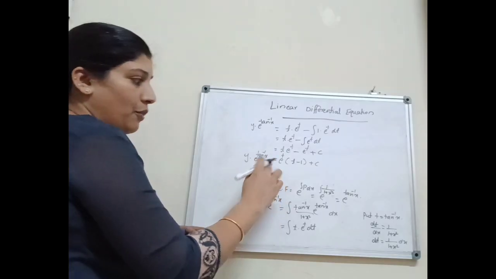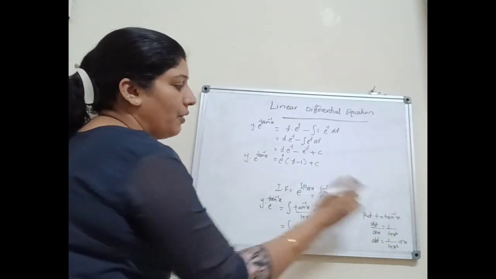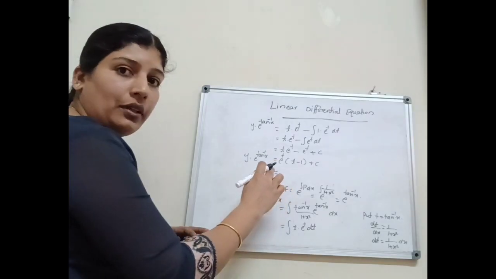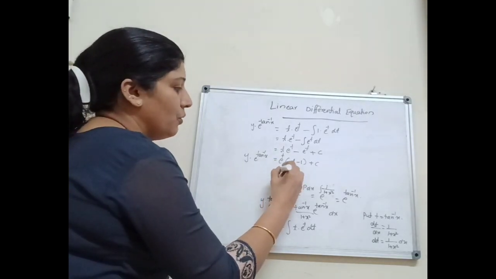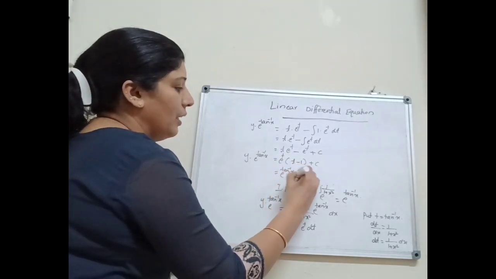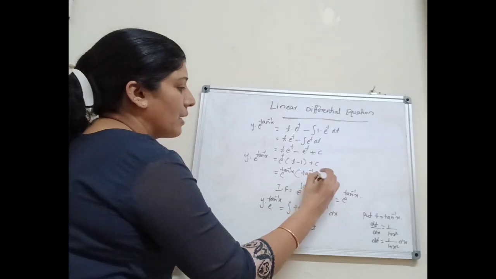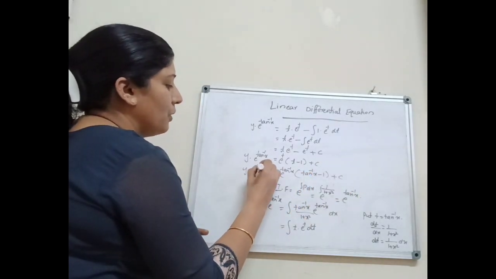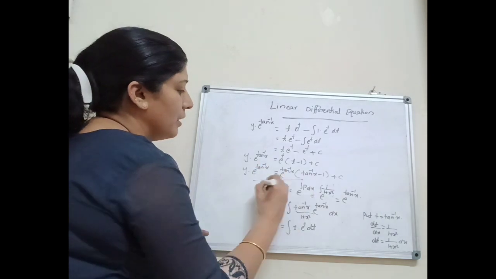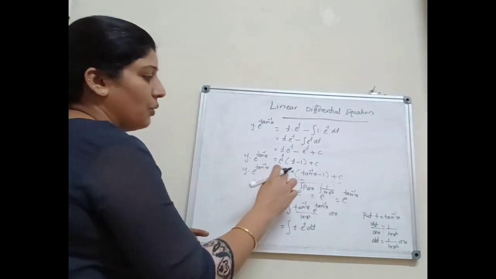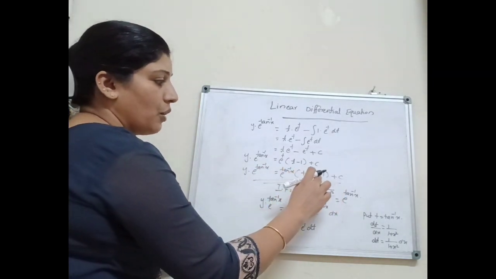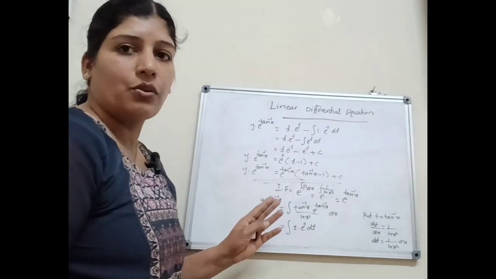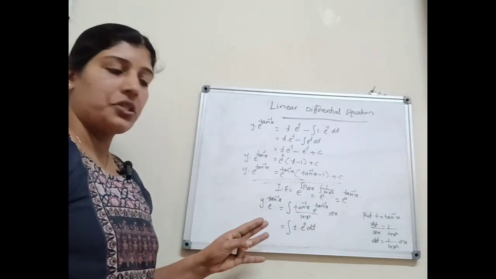Next, we have to substitute t equal to tan inverse of x. Therefore, y into e raised to tan inverse of x equal to e raised to tan inverse of x into (tan inverse of x minus 1) plus c. This is the general solution of the given linear differential equation.